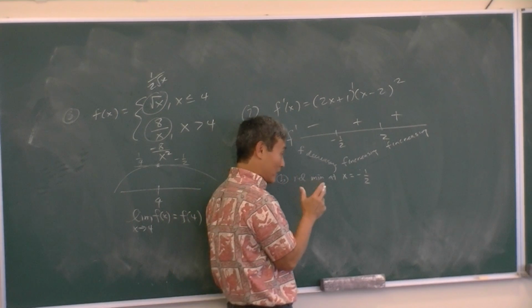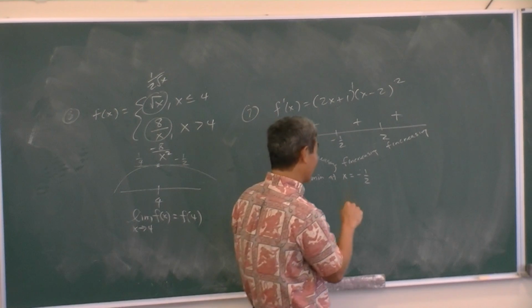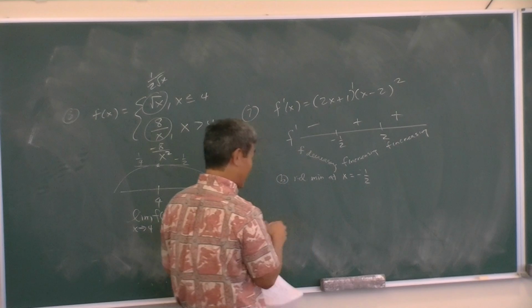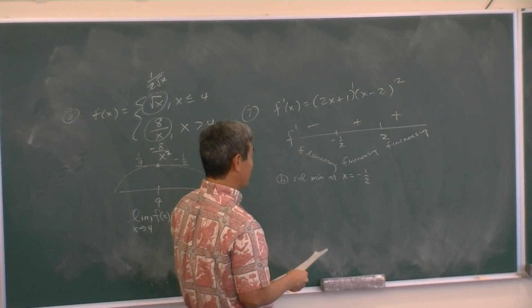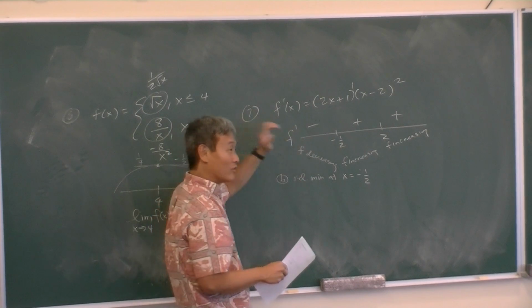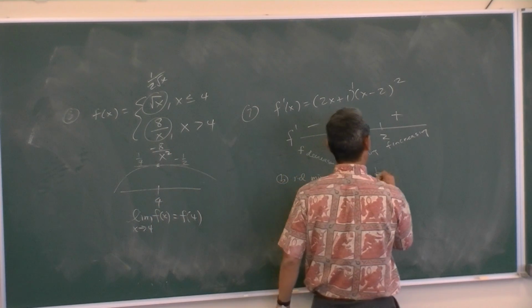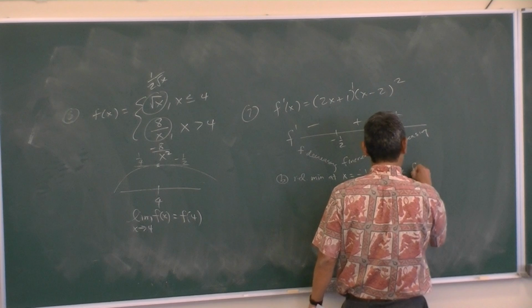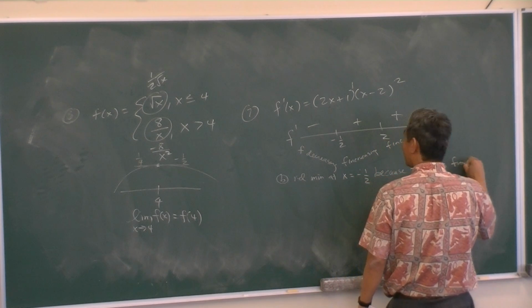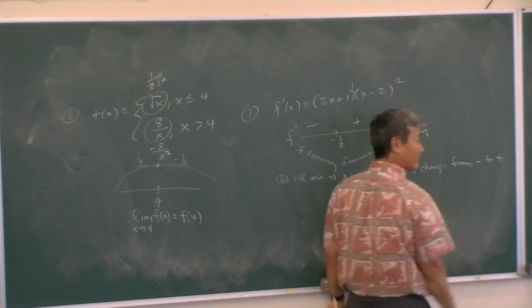Now I didn't tell you guys this before, because I'm just saving it for now. Before, this was good enough, but now, 3 years ago, they sent all the teachers emails and they said, this is no longer going to be good enough on the AP exam. You have to add another phrase. So you have to say, because f prime changes from negative to positive.